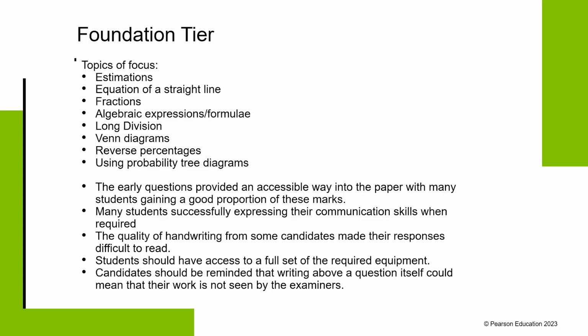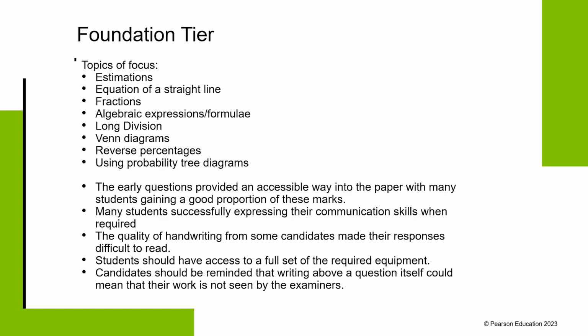And again, we hear that handwriting is still a problem for some students, and it's making the answers to those questions difficult to read. Students should have access to a full set of equipment. There were times where the examiners can see that students didn't have a ruler, or they didn't have a calculator where they should have had access to one.